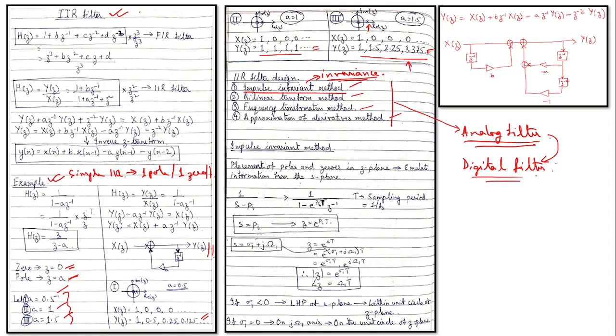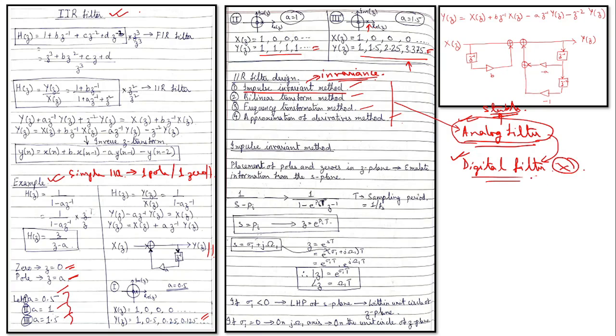Now, since we are trying to design a filter taking information from the analog domain, we need to keep in mind that the analog filter must be stable in nature. If the analog filter itself is unstable, then the digital filter you design will also be unstable in nature.